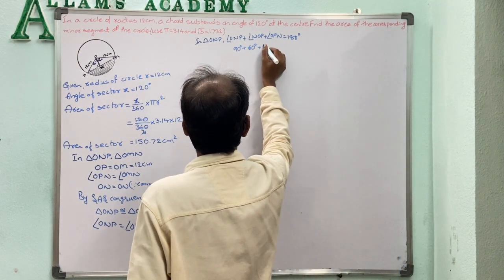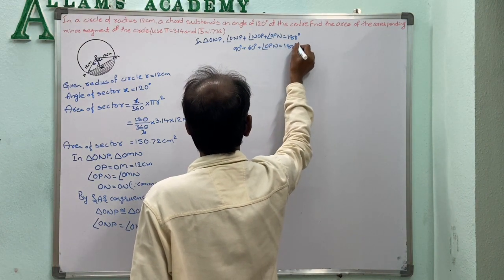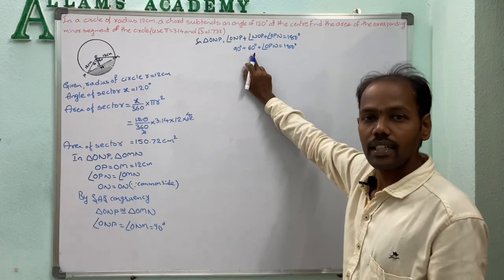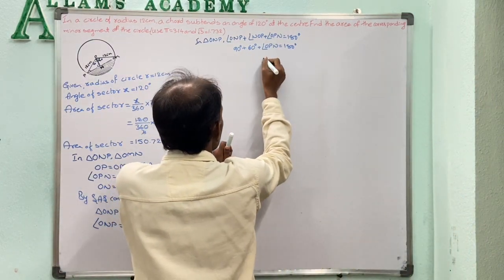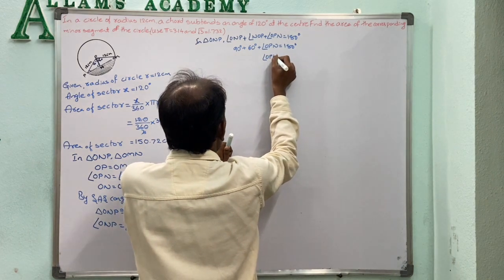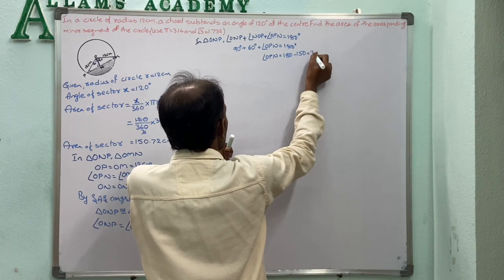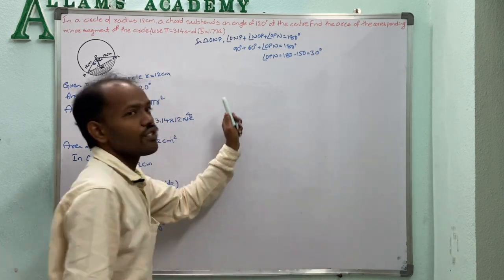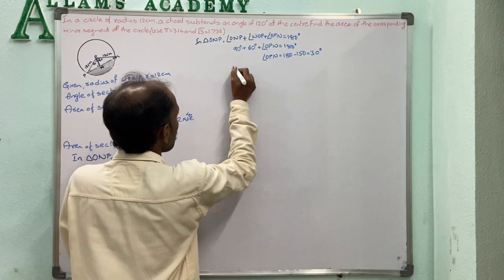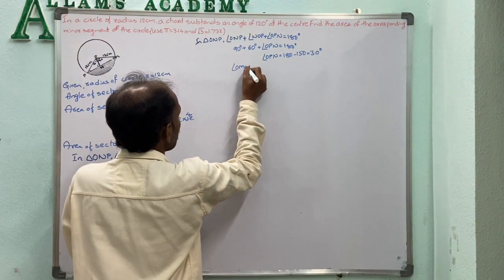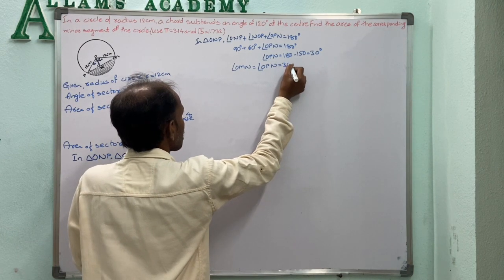Angle OPN we want to know. Angle OPN equals 180 minus, 60 plus 90 is 150, so 180 minus 150, that is 30 degrees. So angle OPN is 30 degrees. Therefore angle OMN, equal to angle OPN, is also 30 degrees.